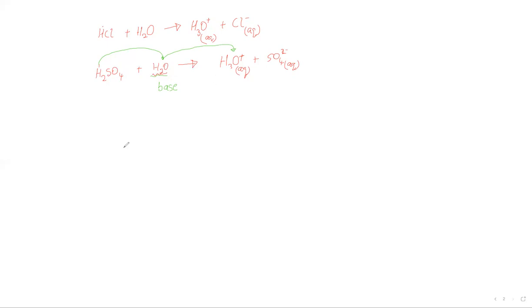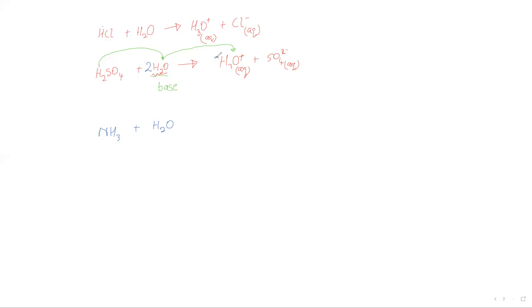Now we can also look at a base reacting with water. Let's look at ammonia there. By the way, you can balance that equation. If it's balanced, I think we need to put a 2 here.